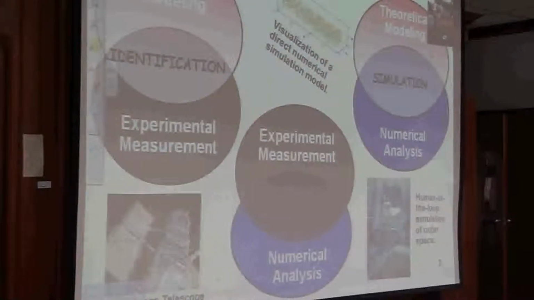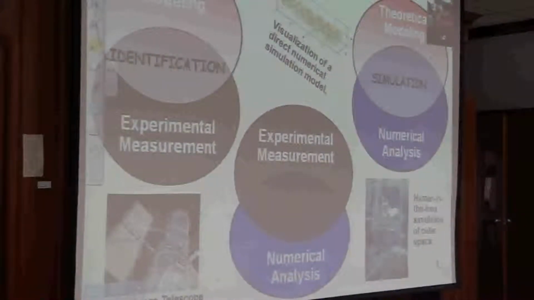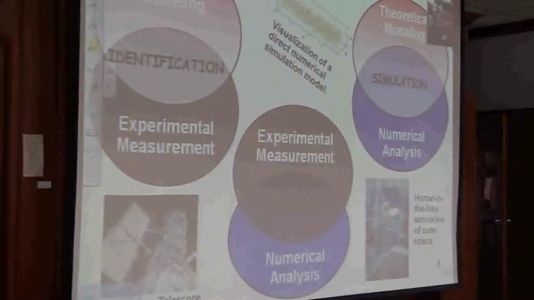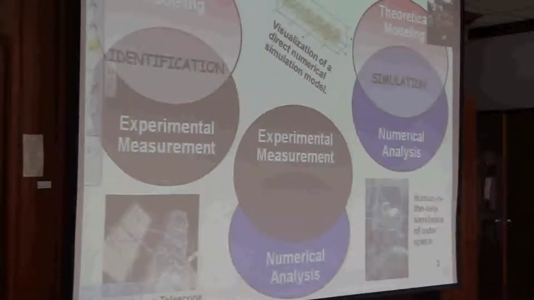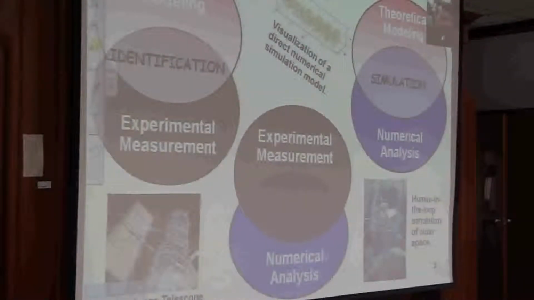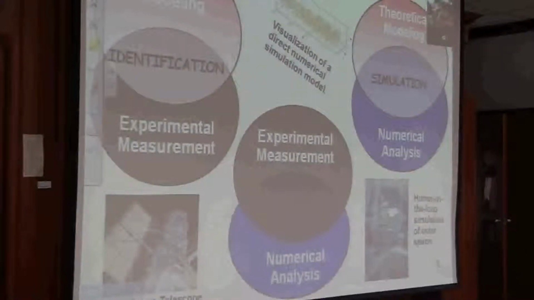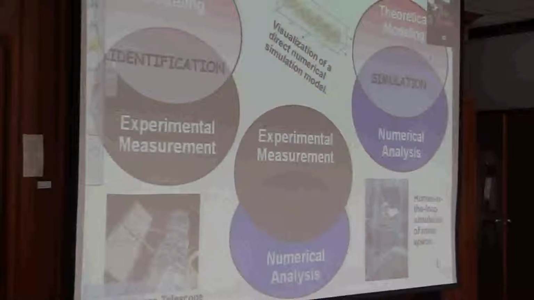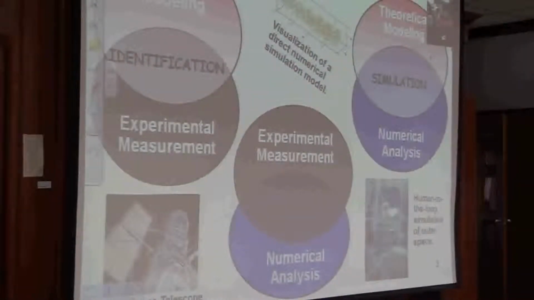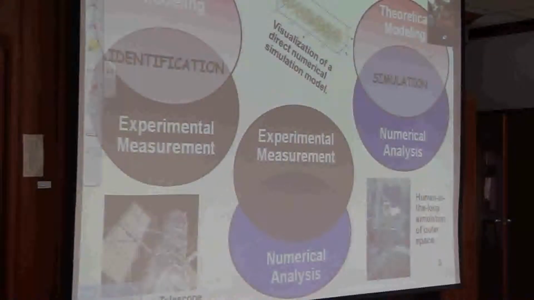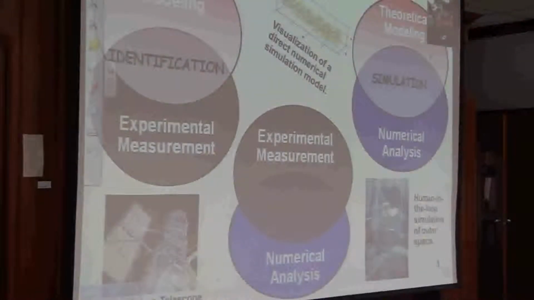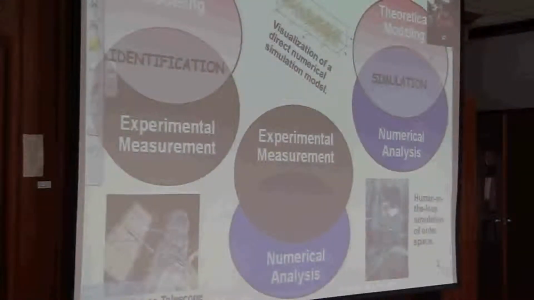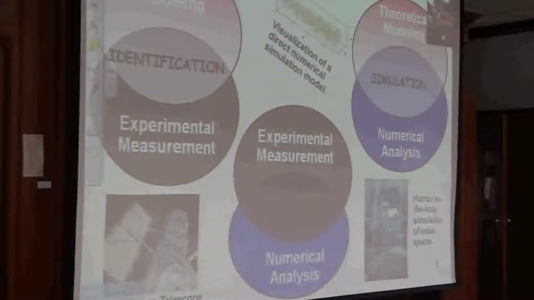If we know our theoretical model, and if we have experiment measurement, we need to build a model from the experimental measurement. There are some techniques and methods that we can use to build up the model, and that process is called system identification. And that combines theoretical analysis and the experiment data.